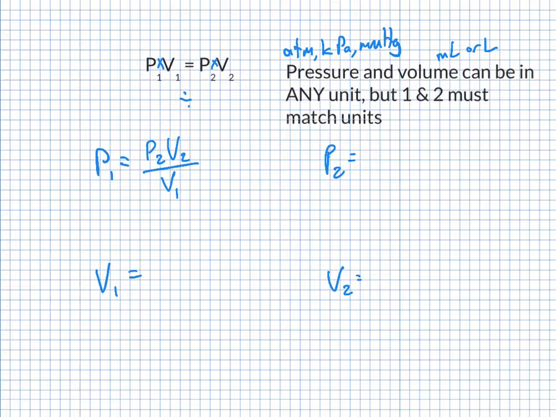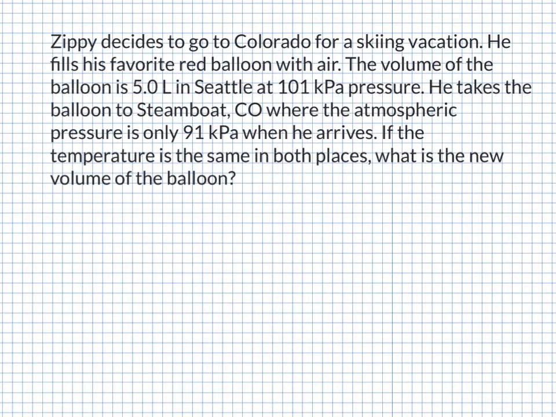Likewise, for volume 1, I have to clear out the P1, which means I'm going to have to divide both sides by that P1. P2 and V2 look exactly the same, just switch the numbers. So I have to clear out the V2, so I'm going to have to divide both sides by the V2, so P1V1 over P2.